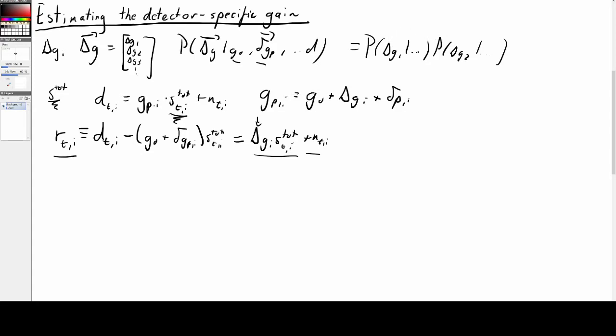There would be no correlations or constraints that made these dependent on each other. But there is one thing that we need to keep in mind, which is that we want to make sure that the sum over all detectors of these gain factors is supposed to be 0. So how can we enforce that? One way is to proceed like this.